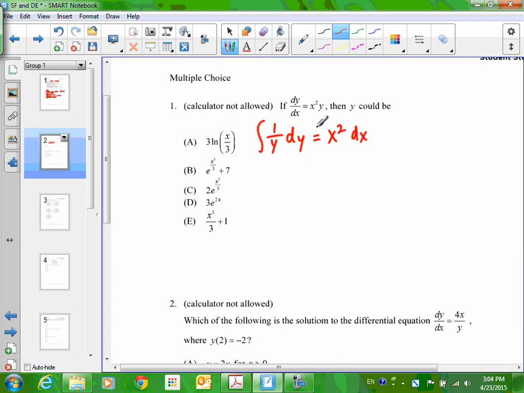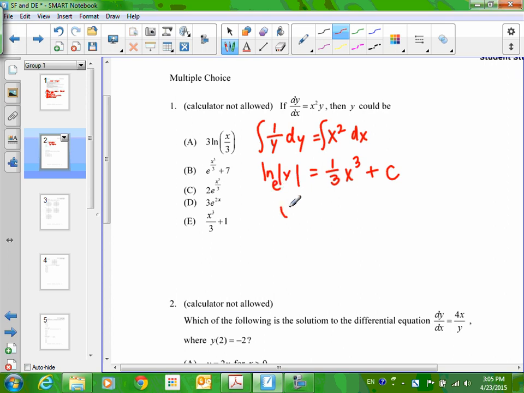Then you need to integrate both sides. The integral of 1 over y is natural log of y. The integral of x squared is 1/3 x cubed. And then don't forget plus c. Step 3, get y by itself.